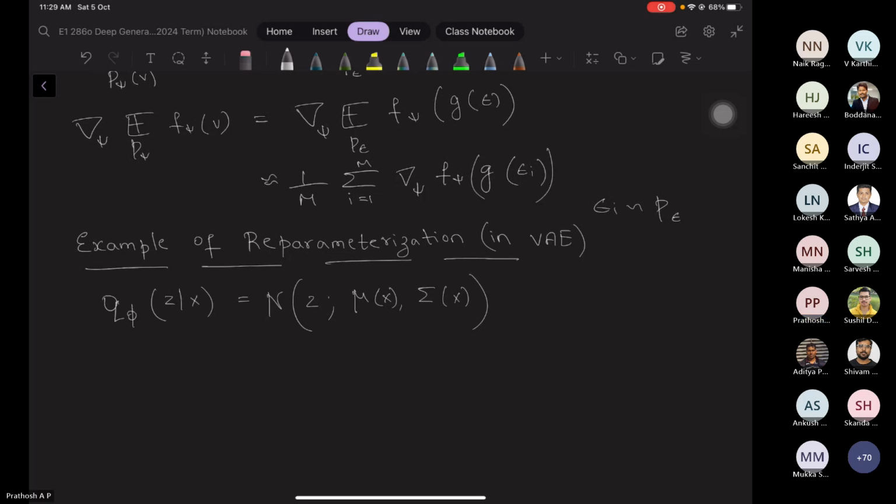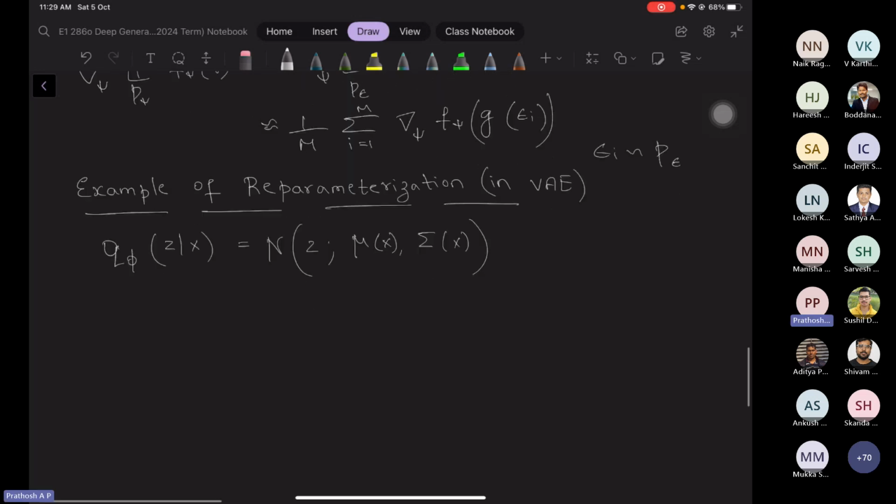What is phi, by the way? The best way to write it is to say that this mu is a function of phi, because this is the output of the neural network. Sigma is also parameterized by phi, a function of x. That is why this becomes a function of phi. Now let us reparameterize.